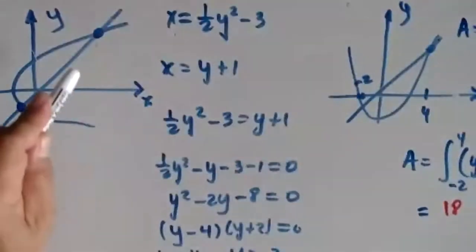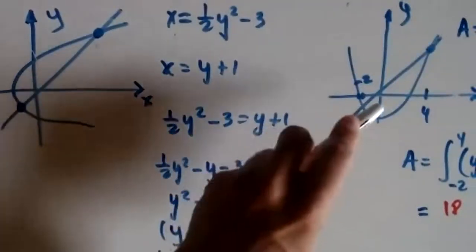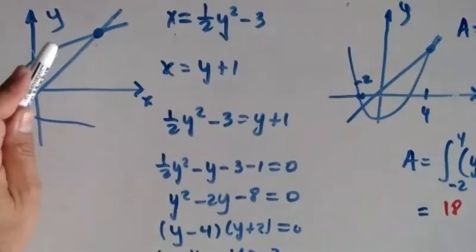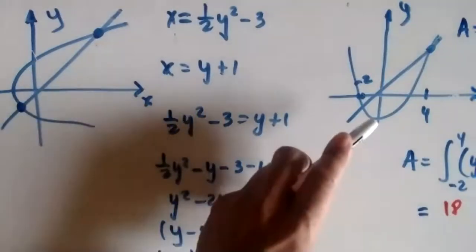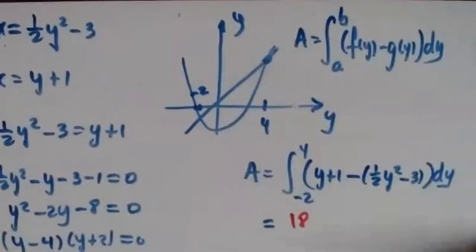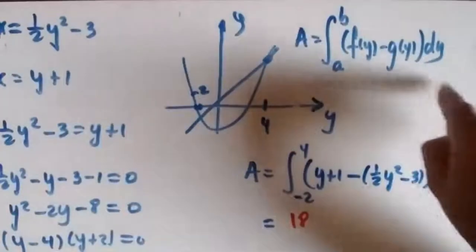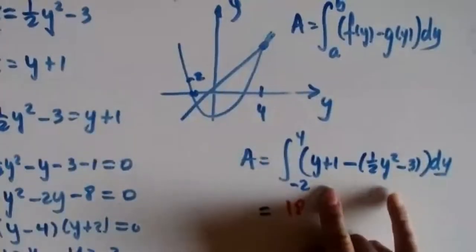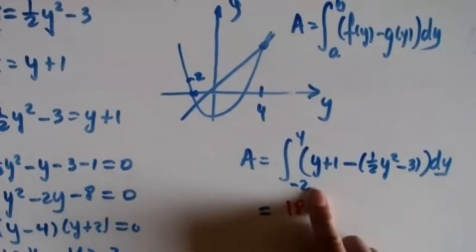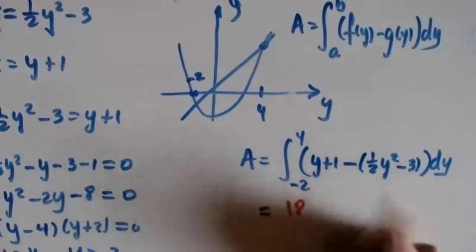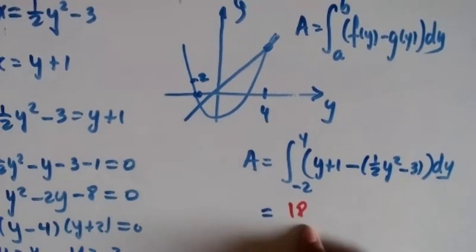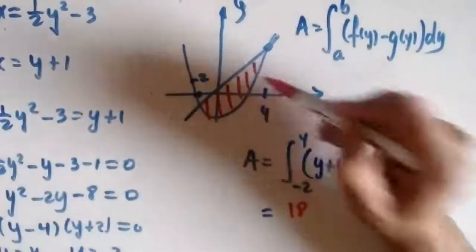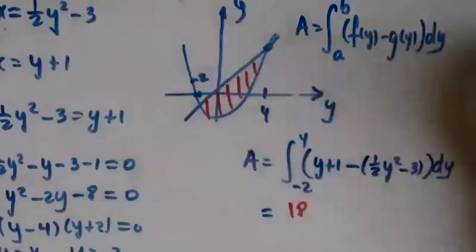The one at the right is the one at the top, and the one at the left is the one at the bottom. Then you repeat your formula, upper minus lower, no matter the variable. Then you plug in your functions with the limits. You can do this by hand or using the calculator, and you get your answer. So this area is 18.